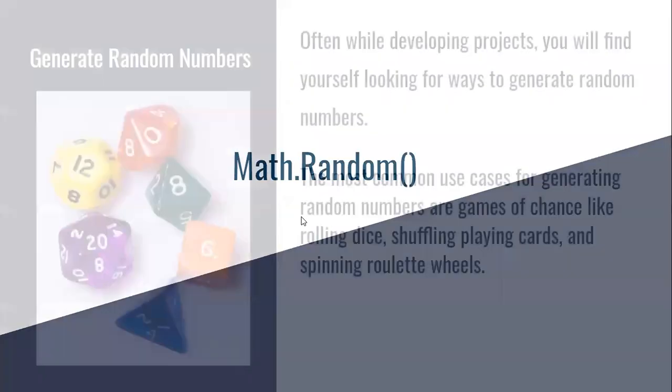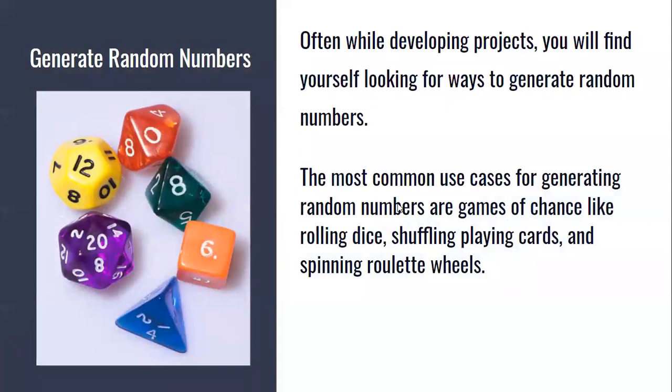All right, math.random. So generating random numbers. Sometimes while developing projects, you'll find yourself looking for ways to generate random numbers. Most cases for generating numbers would be games of chance, like rolling the dice, shuffling playing cards, or spinning roulette wheels.